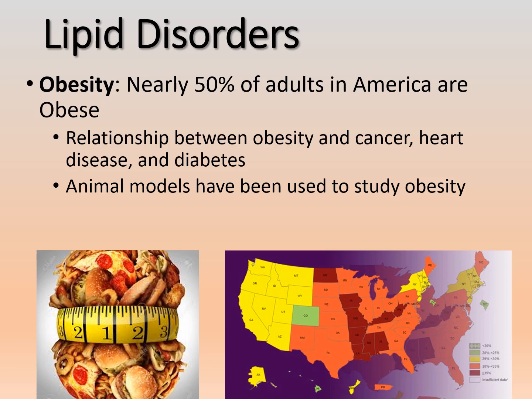Our insulin is supposed to make our cells utilize the carbohydrates, but when we get too obese, our cells quit listening to the insulin, right? So that's a big one. Animal models have been used to study obesity.